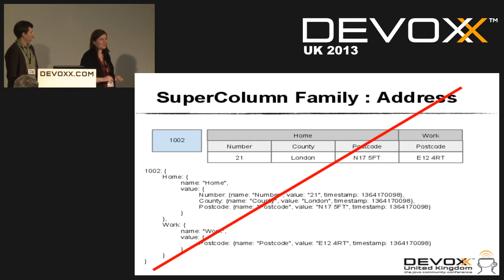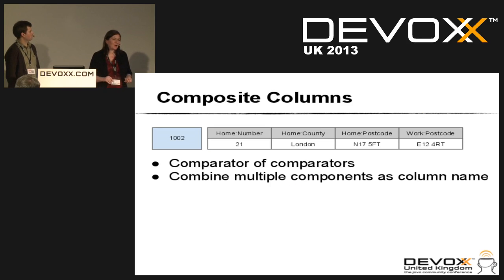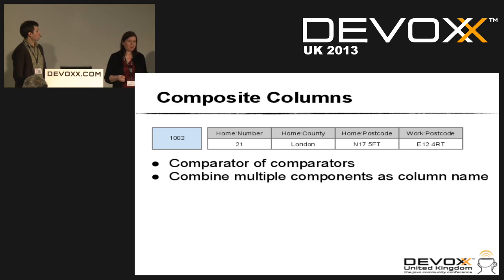There's a much better solution now, which is called Composite Columns. This is where we flatten out those supercolumns, and it uses a comparator that is made up of multiple comparators, and then the column name is actually made up of different components. And then the comparators sort on the different components of the column name. So you get the same flexibility you do from the supercolumn family.